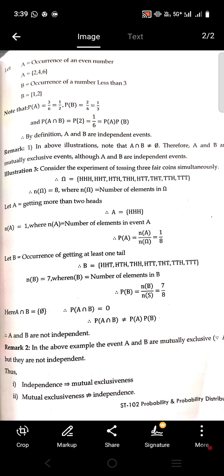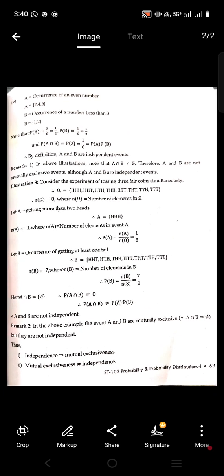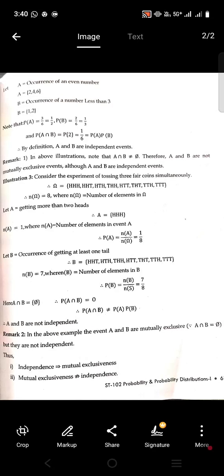Then we see another example. Consider the experiment of tossing three coins simultaneously. Here we toss the three coins at the same time, and we get the total sample space.